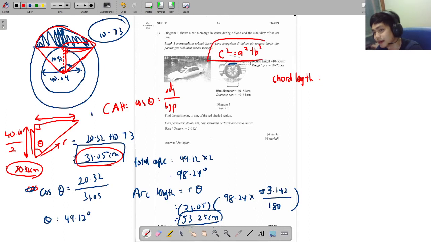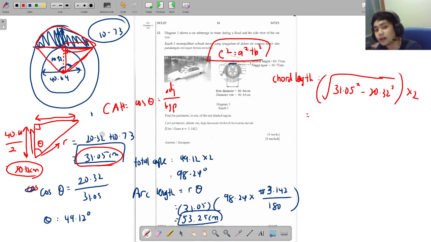It should be remembered by now. So square root of 31.05 squared minus 20.32 squared, times 2, because we are looking for the whole chord. So that is 46.96 cm.